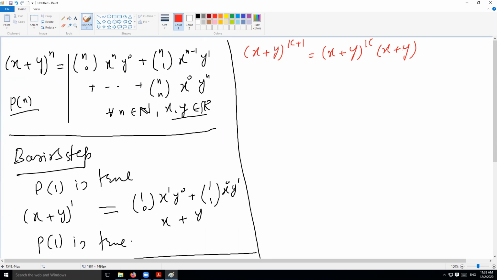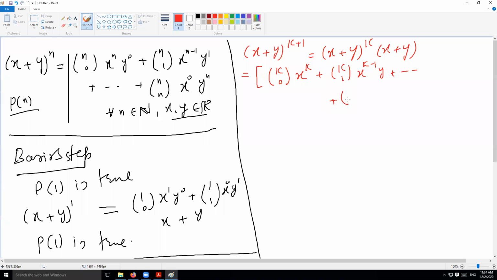Okay. And then substitute the value of (x+y)^k. So let me write it. This is going to be a long expression, but let me write it. It's going to be k choose 0 of x^k plus k choose 1 x^(k-1) y plus so on and so forth.